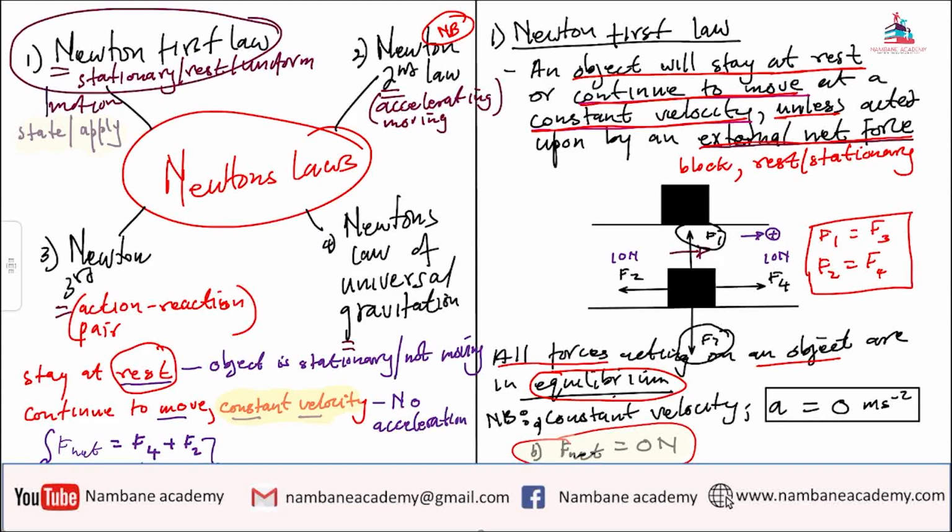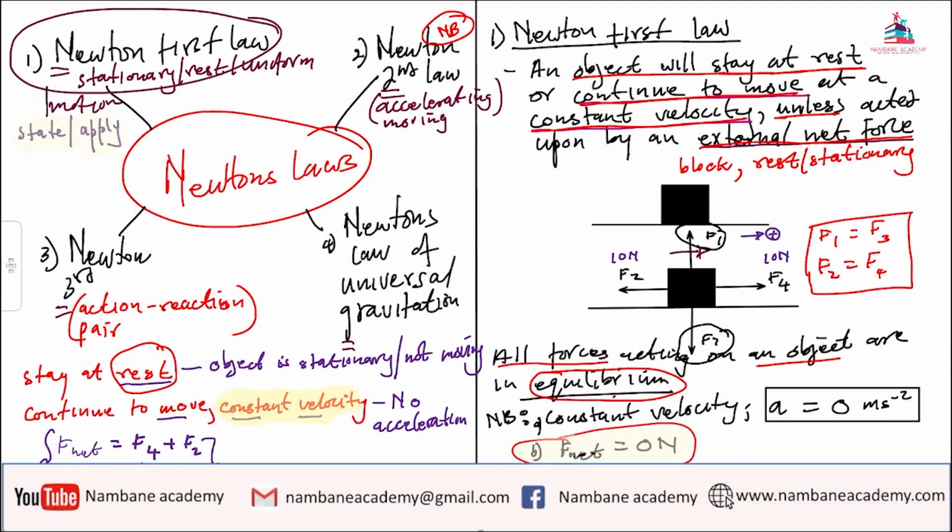Let's consider a car. A car can still be moving on cruise control at 120, and nothing is pressed by the driver. However, the car is still moving. Why is the car still moving? Because there's a force of the engine that is allowing the car to move forward.